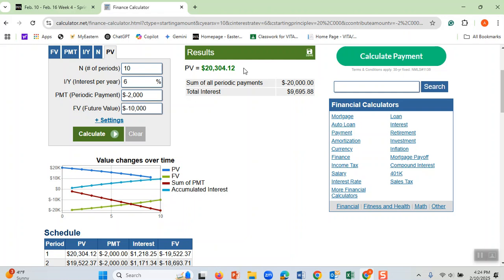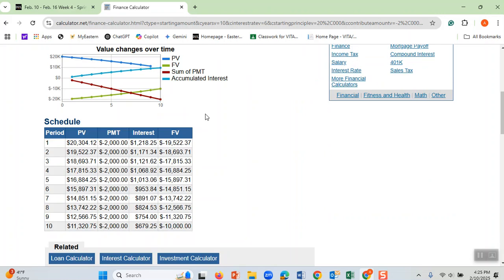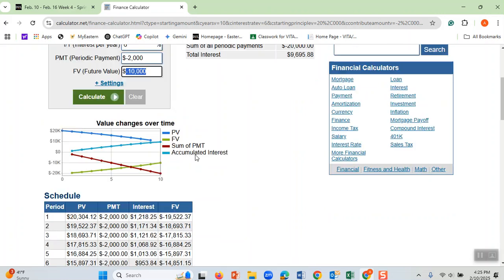If I give $304.12 to Amazon, then after 10 years, at the interest of 6%, when I receive $2,000 a year, Amazon will owe me only $10,000. This is what it shows.